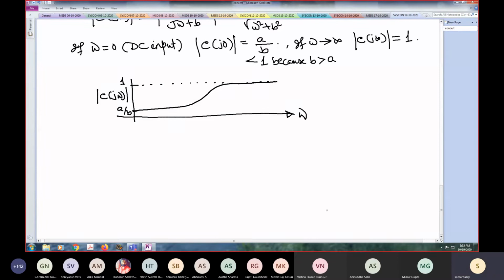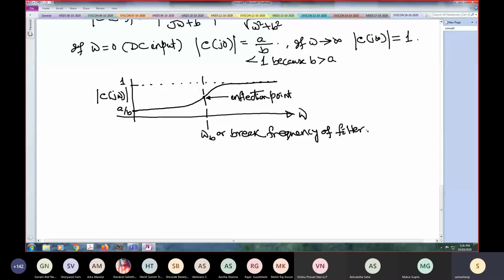It will vary, and somewhere there will be an inflection point. Where that inflection point will come, I will tell you. This is called omega B or break frequency of filter.